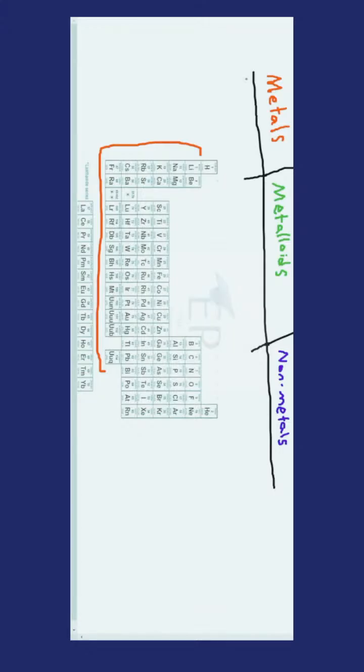So that's ultimately going to include iron, barium, and lithium.